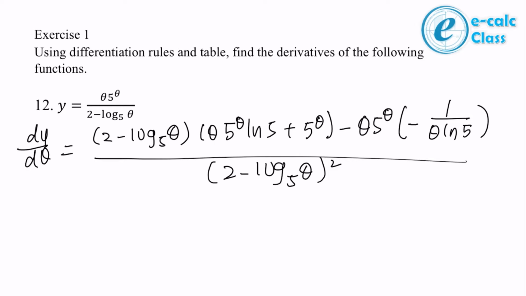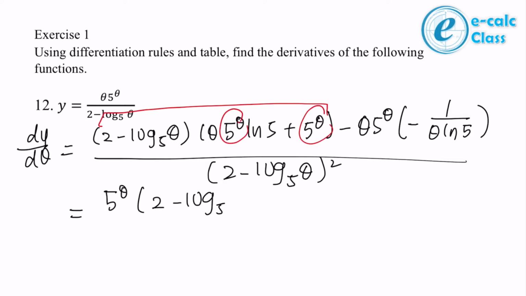And I don't think you should expand it, you should just leave it like this, at the one at the bottom. And now, time to factorize. I think for this part here, you can factor out your 5 to the theta. 2 minus 5 theta, theta ln 5 plus 1.